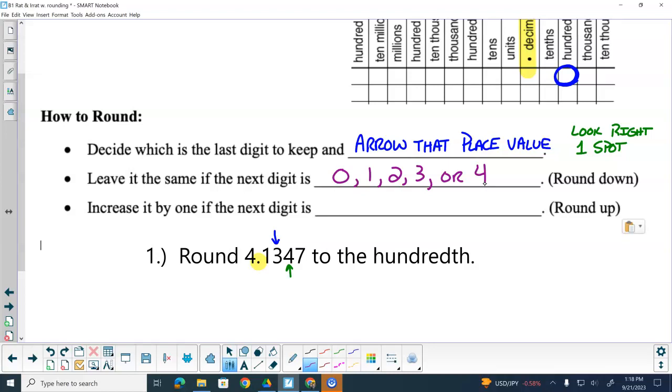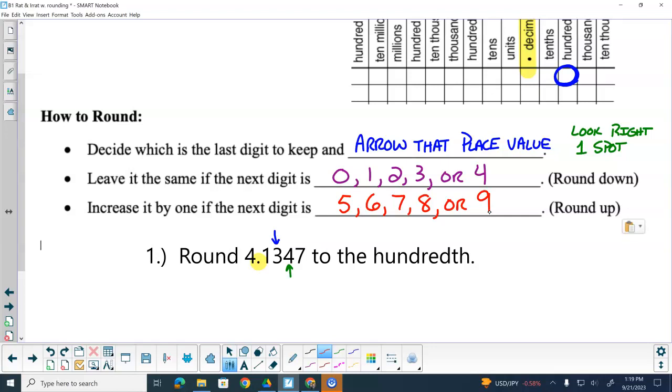You're rounding down, basically getting rid of everything after that digit. If that digit is 5, 6, 7, 8, or 9, then you're going to go up by 1 on the digit that you're rounding to.